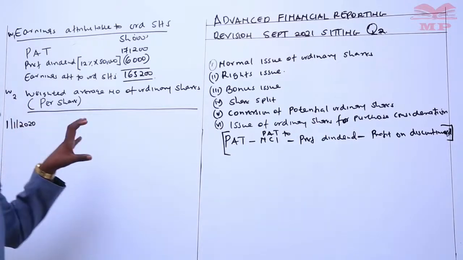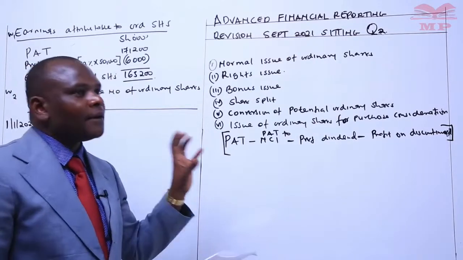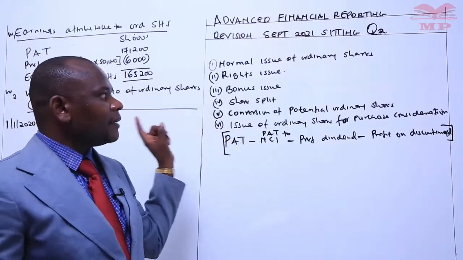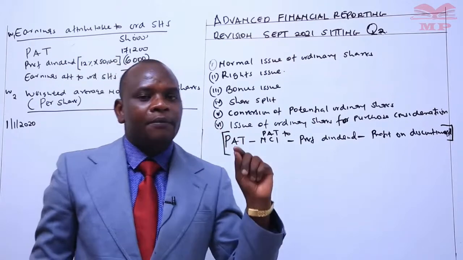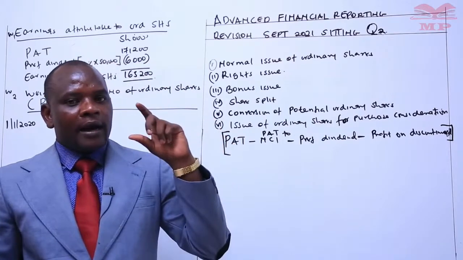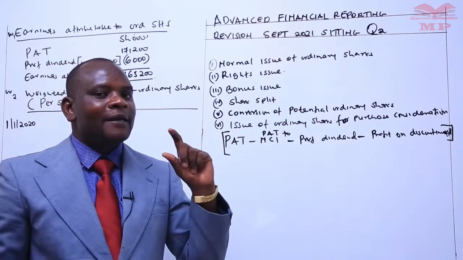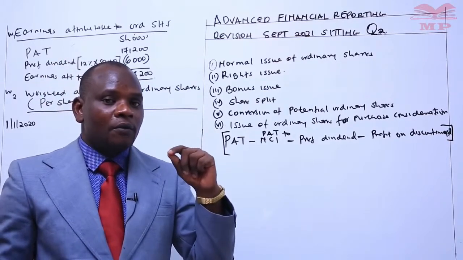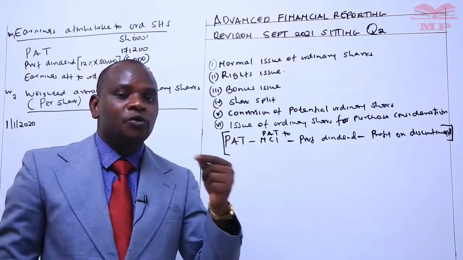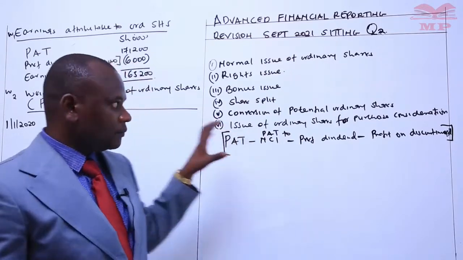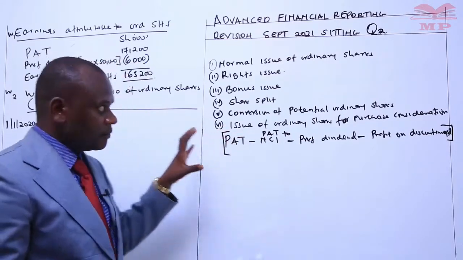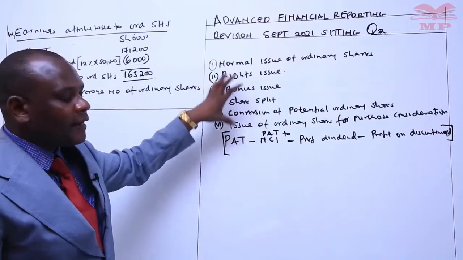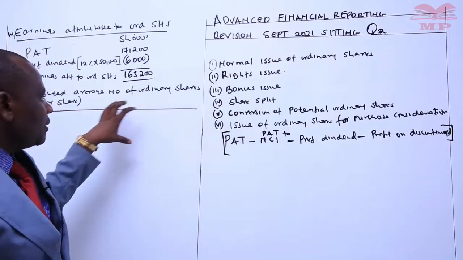Whenever you are calculating earnings per share, it is very important to know when the financial year begins and when it ends, to help you know how to do the weighing of the shares that comes as a result of these items that affect capital structure.